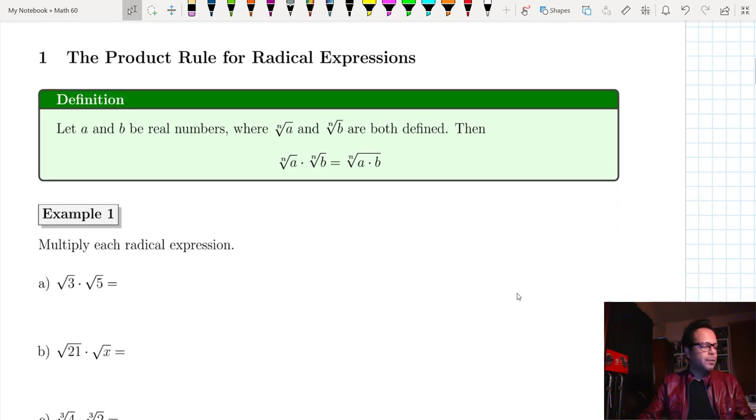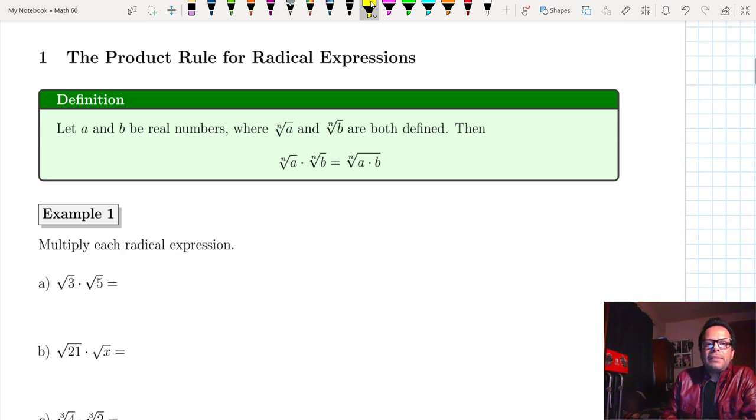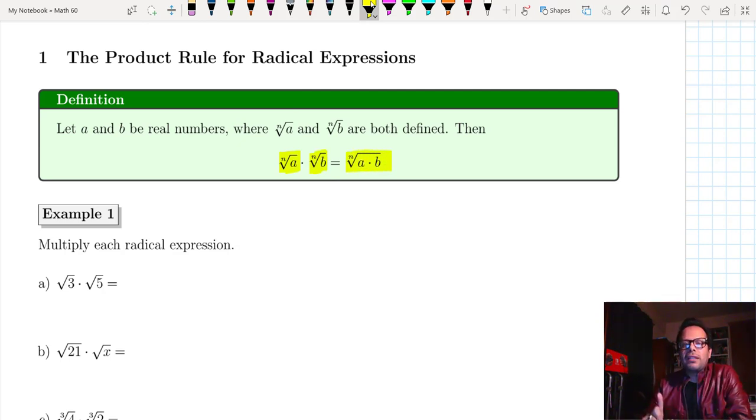So let's begin with the product rule, right? For the product rule, every time we have two radicals multiplying together, this radical times that radical, we can write the two radicals as one single radical, with the product of the quantities inside each radical. The thing is, notice something important here.